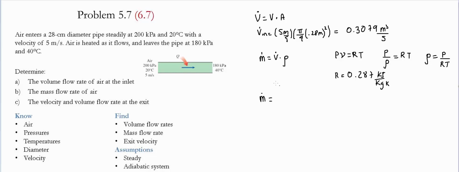The mass flow rate is equal to the volume flow rate, 0.3079 meter cubed per second, times the density, which is the pressure at the entrance, 200 kilopascals, divided by R, which is 0.287 kilojoules per kilogram Kelvin, and by the temperature, which has to be in Kelvin, so we do 20 plus 273, which gives us Kelvin.